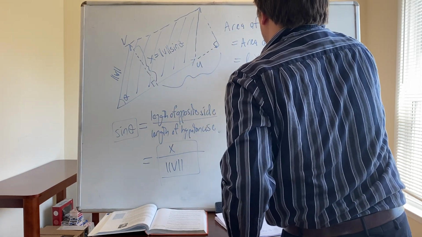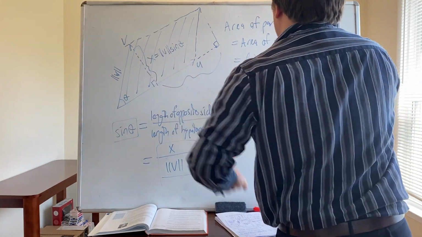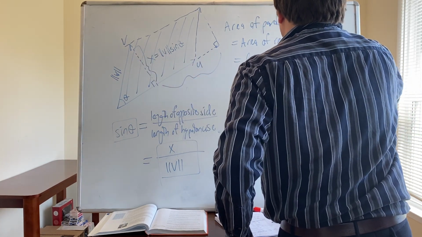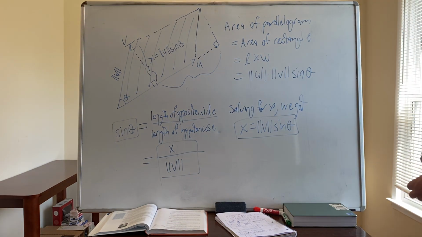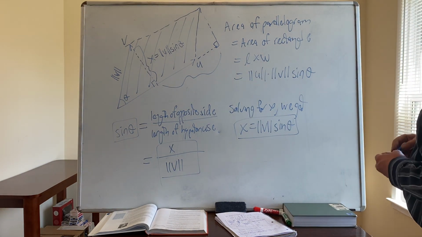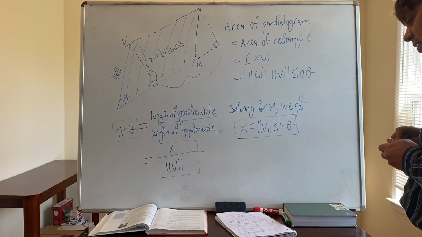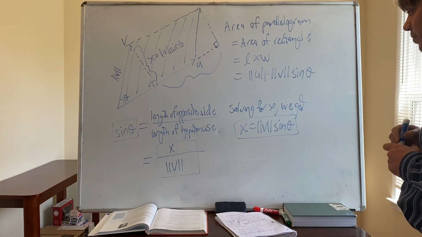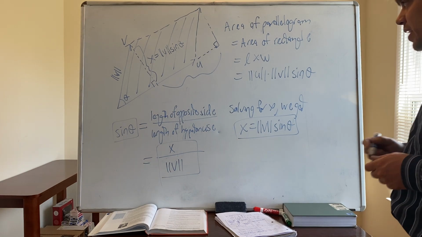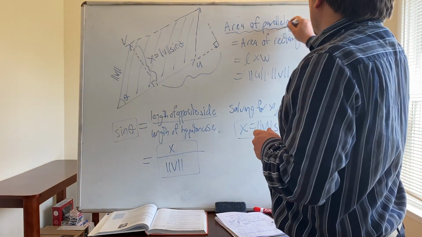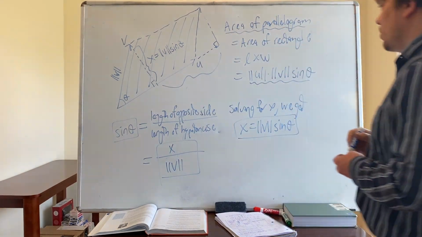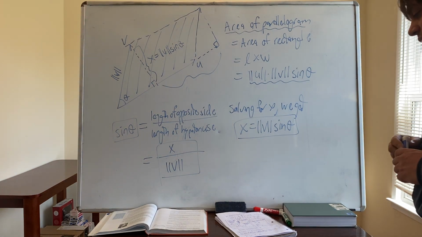So that's the norm of U. Then I'm multiplying it by this side, which is the norm of V sine theta. And so the area of the parallelogram is equal to norm of U times norm of V sine theta.